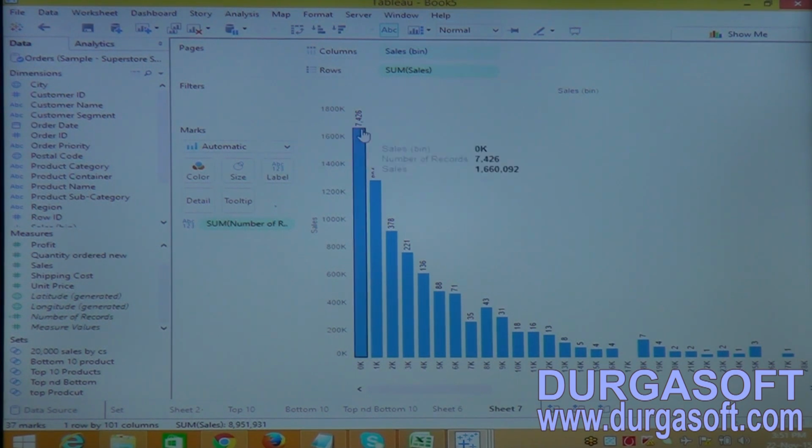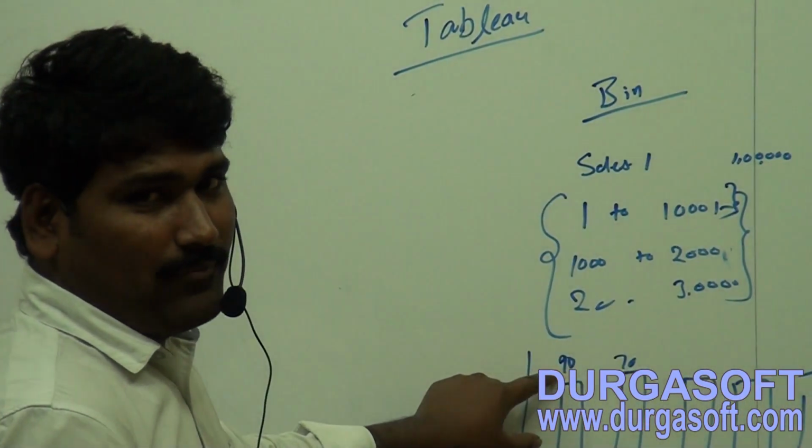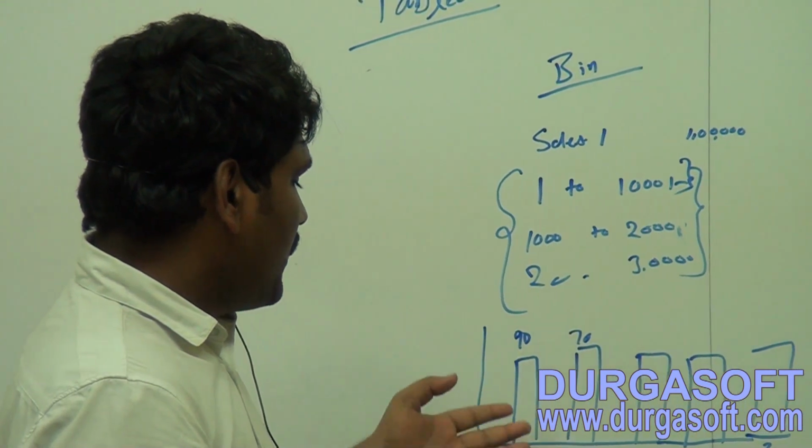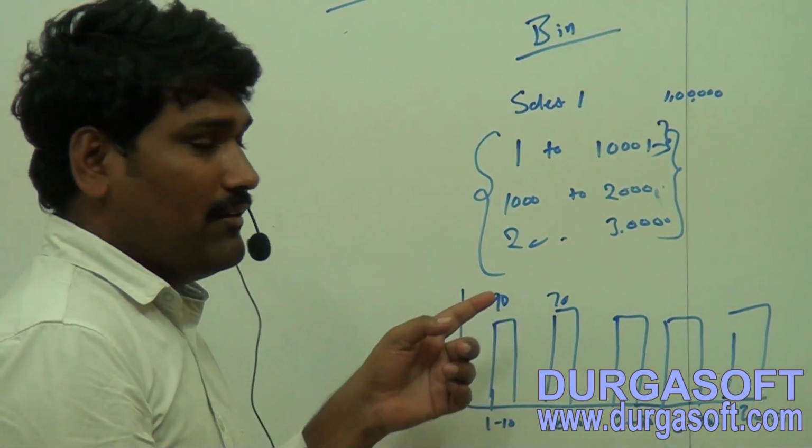The records are 7,426. The same example we can say that there are 90 runs in between 1 over to 10 overs. Now how many batsmen did this score? Of course there could be 3 batsmen contributing to 90 runs.